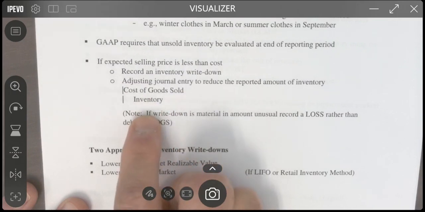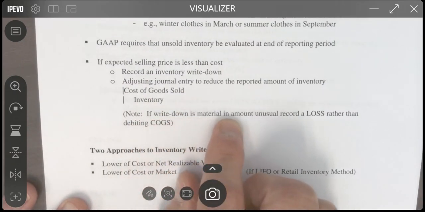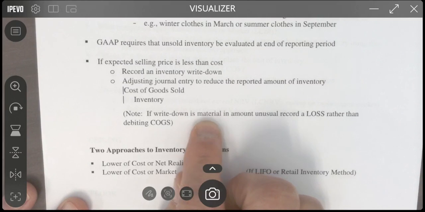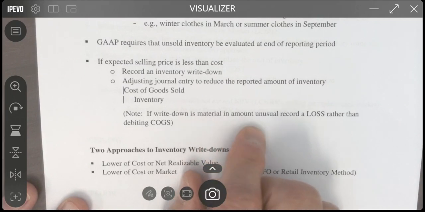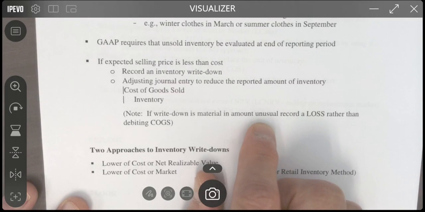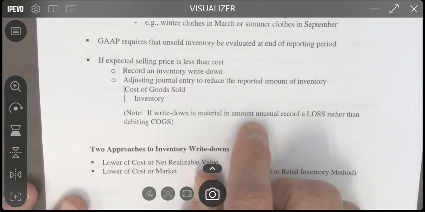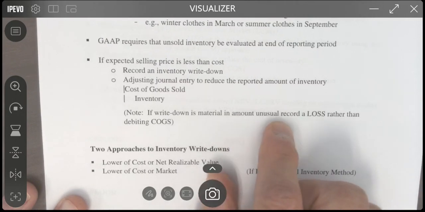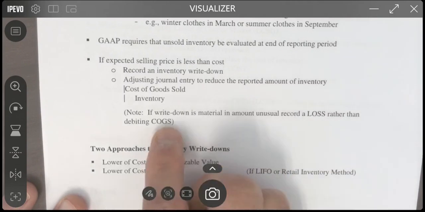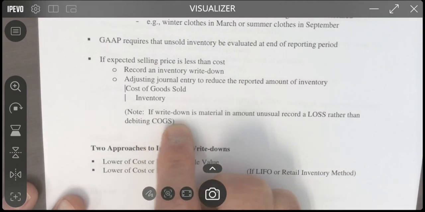Now please note, if the write-down is material in amount, in other words, we're talking about a lot of inventory, and it is unusual in nature, we will record a loss rather than debiting cost of goods sold.